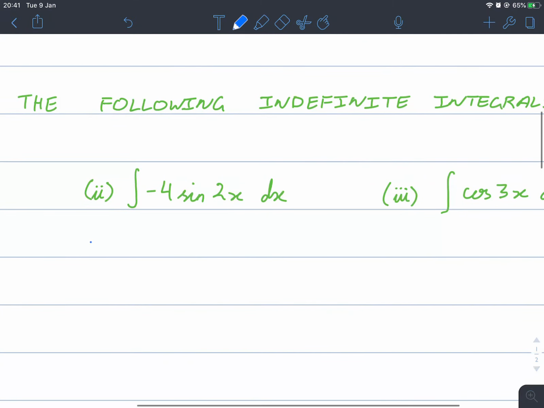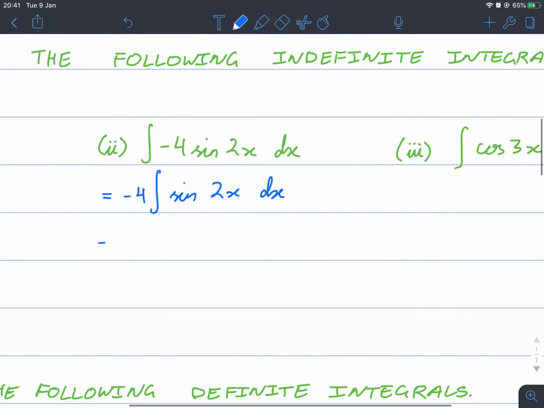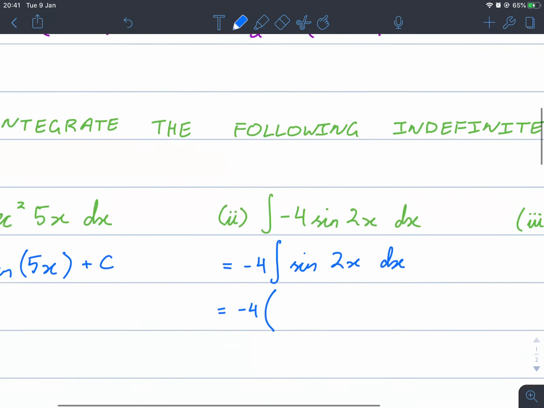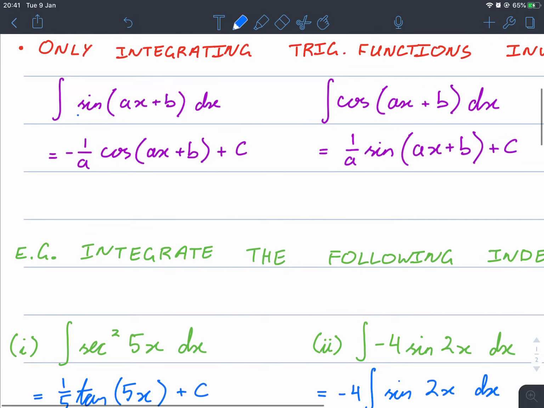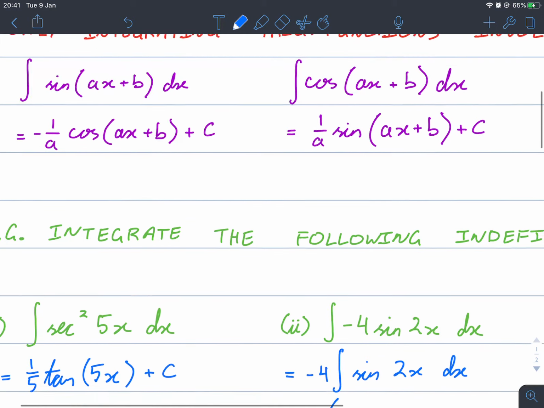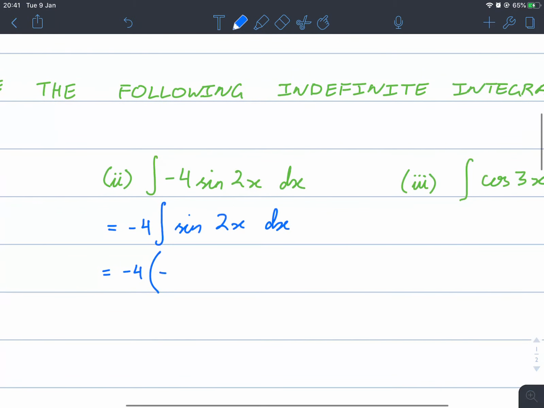With an integration that has a factor in front of the function, we can factor that out like so, making our integration slightly easier. This becomes -4 times the integration of sine 2x. Integration of sine is negative cosine 2x.